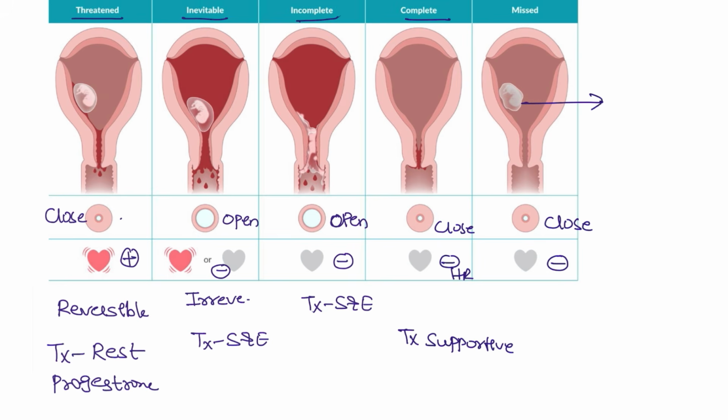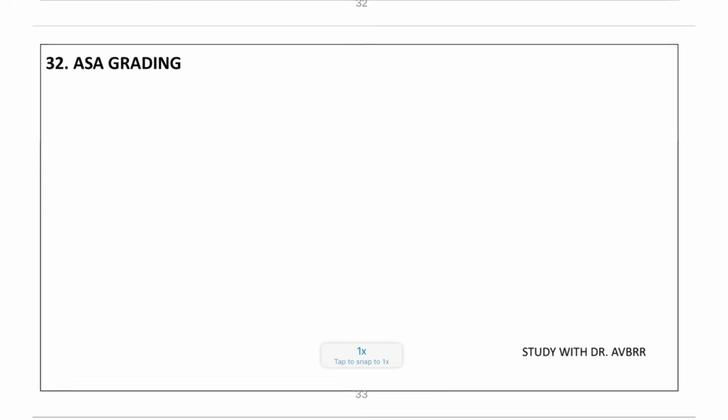But on the ultrasound, you have to confirm that the CRL is less than 7 mm and mean sac diameter is less than 45 mm. You have to confirm. That is a missed abortion. Again, the treatment for this patient is suction and evacuation.